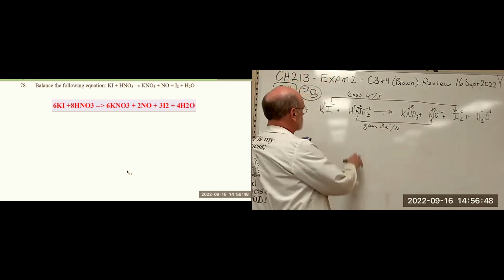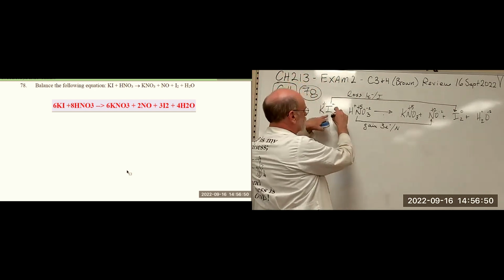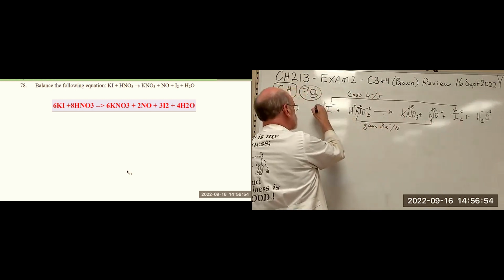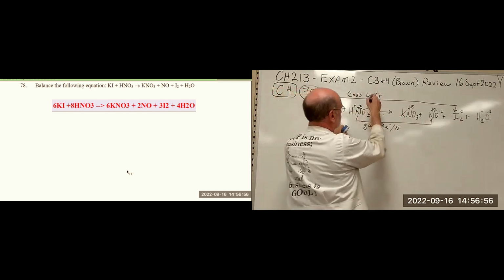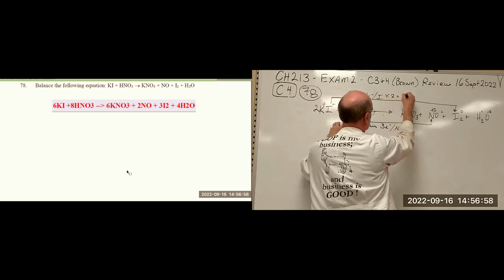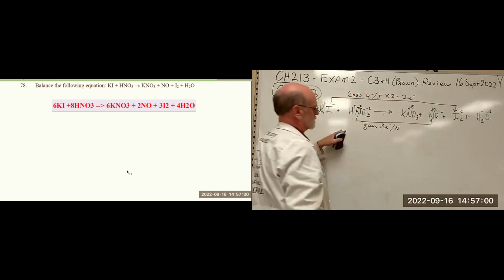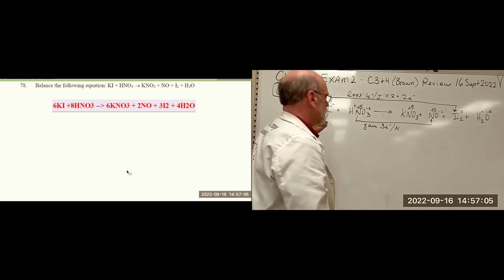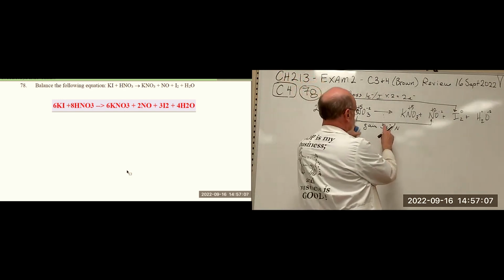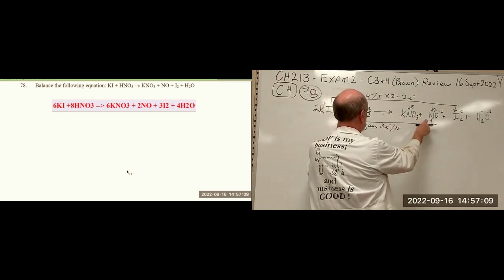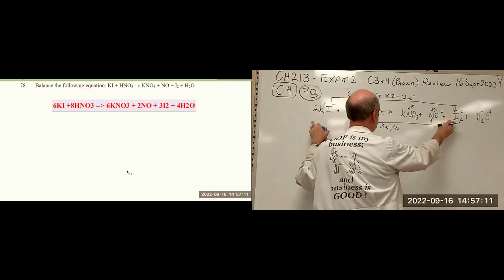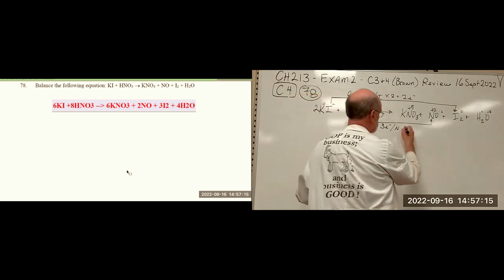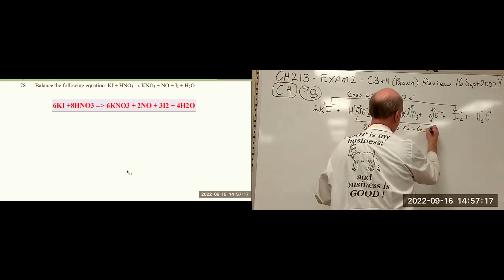So what we've got here is if we've got 2 iodines there, if we put 2 iodines here, then we're still not balanced, right? 2 to 3. So if we say 2 times this one and 3 times that one, we should be able to balance. So we say 2 times this one, that's 6 electrons.